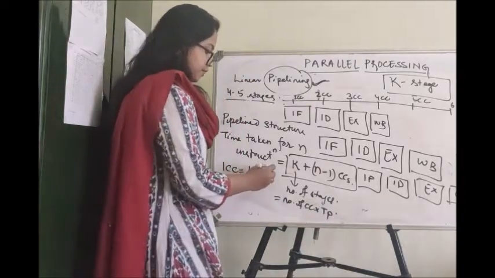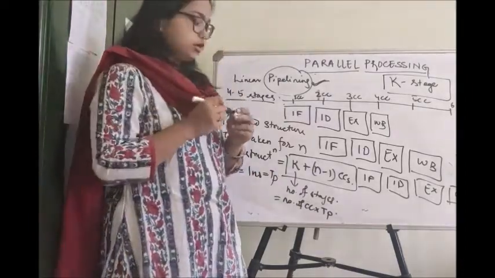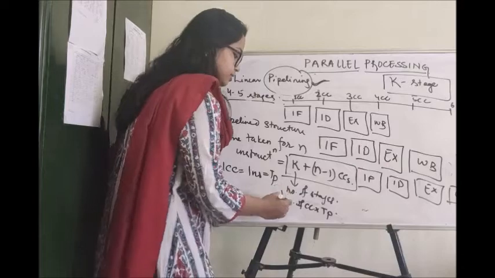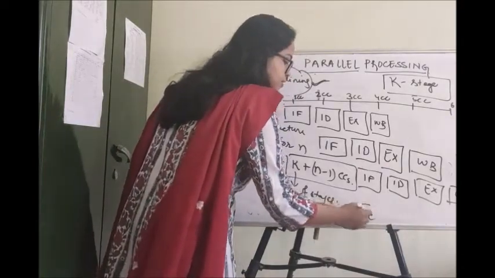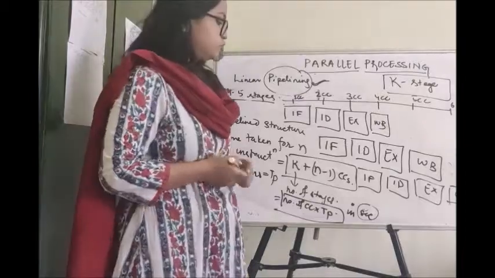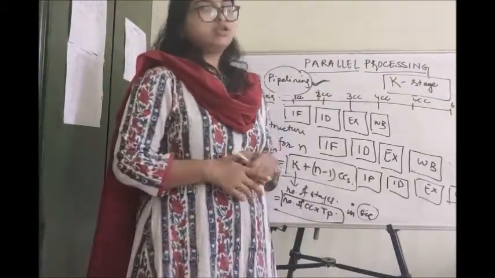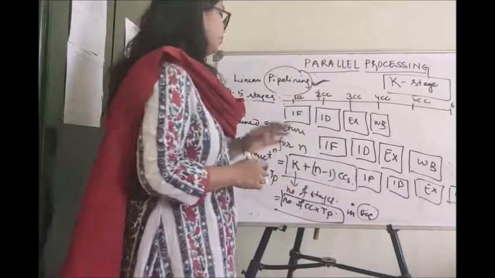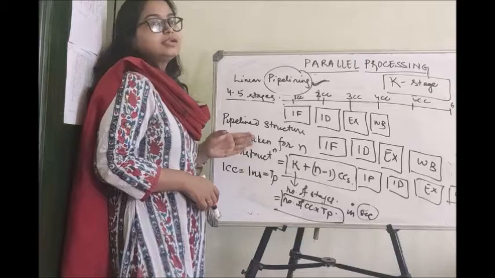What is time period? The time of one clock cycle is called the time period. So this is the time in seconds. Second is the standard unit of time, so I am writing in seconds. It may be asked in milliseconds, nanoseconds, and whatever. Eventually, you need to know seconds. Okay. So this was all about pipeline time.